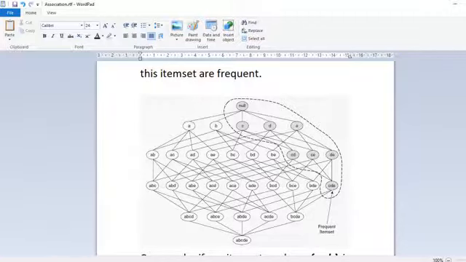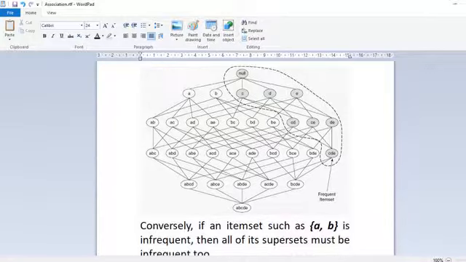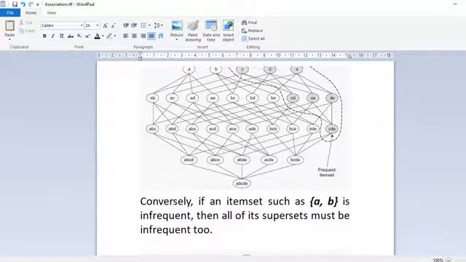So we are going to have the converse of this theorem also. What does it say? If an item set is infrequent, then all of its supersets must be infrequent too. In the theorem we talked about a candidate item set being frequent, then its subsets also being frequent.